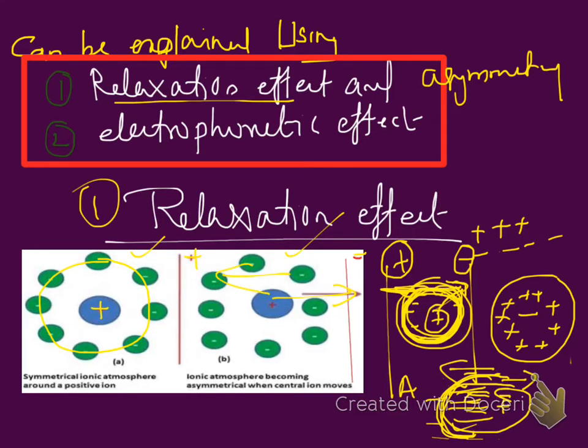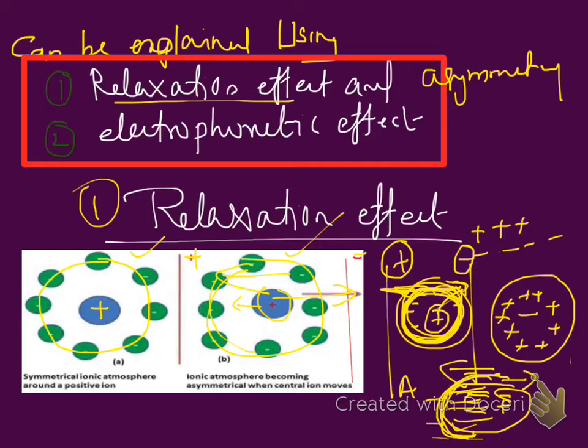This creates some kind of asymmetry and a backward drag is experienced by the positive ion from the negative ions, which reduces its speed, and this effect of negative ions on the speed of the positive ion is called the relaxation effect or asymmetry effect.